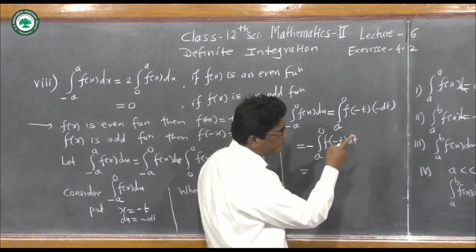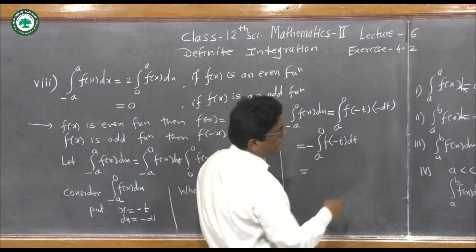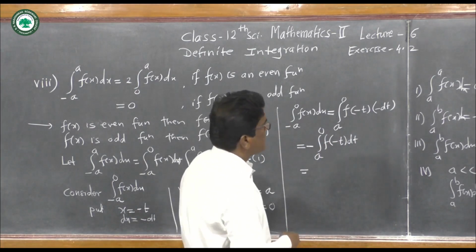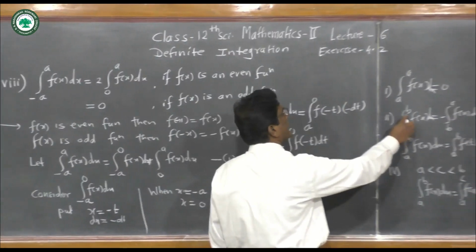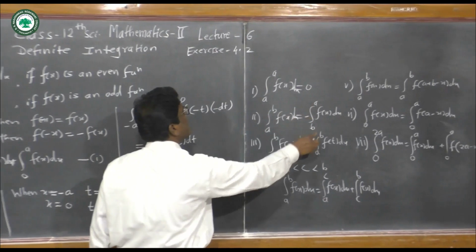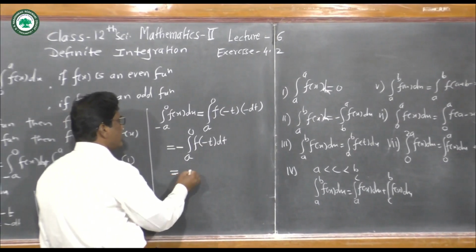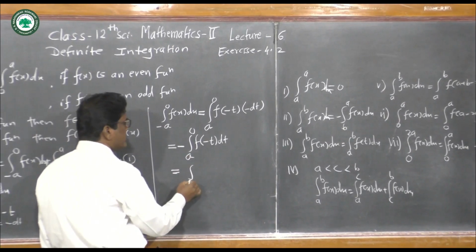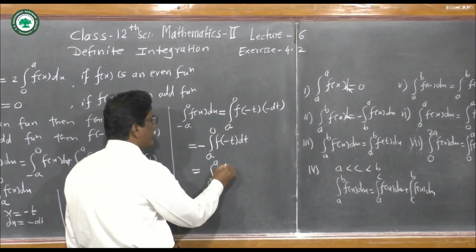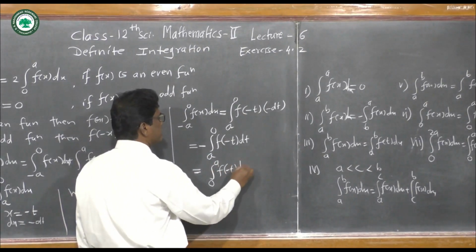And now, due to this minus sign, we change the lower limit and upper limit using the second property: integration from a to b f of x dx is equal to minus integration from b to a f of x dx. And so we write this as 0 to a f of minus t dt.